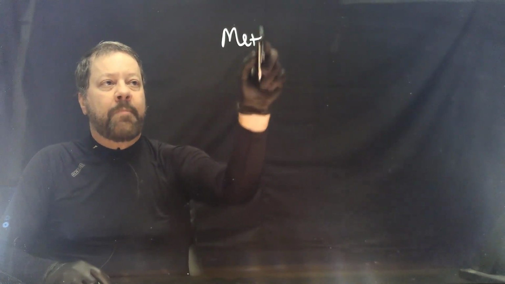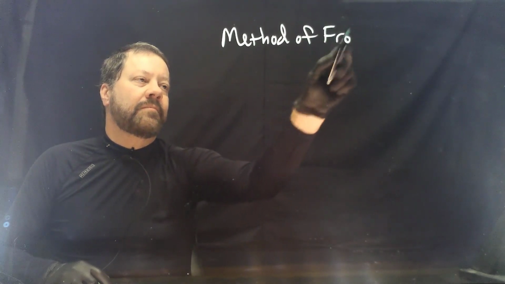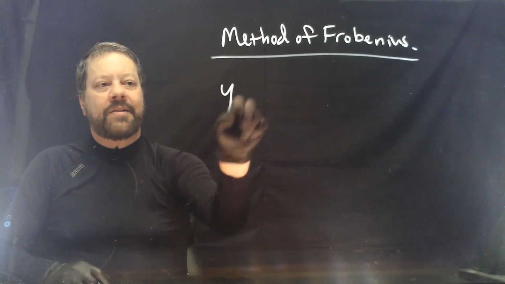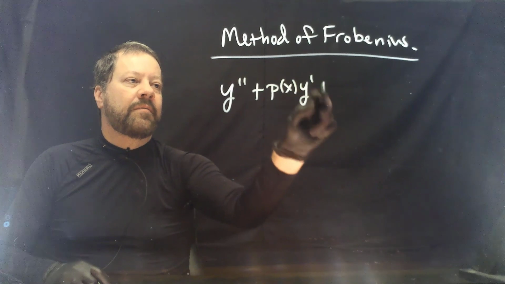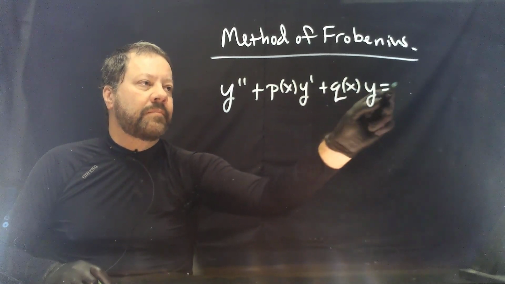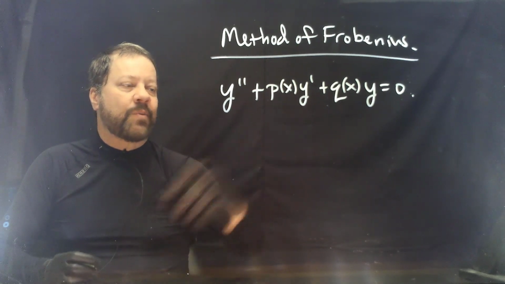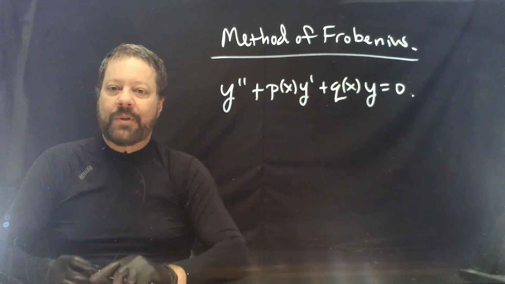The method of Frobenius applies to differential equations of the form y double prime plus some function p of x times y prime plus some function q of x times y equal to 0.